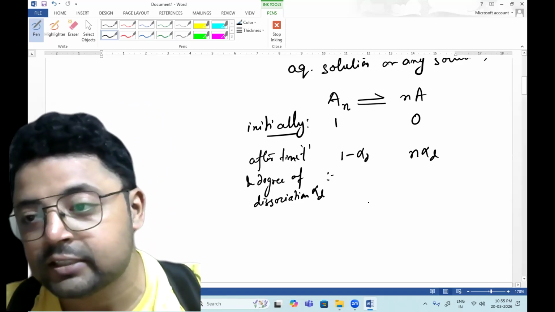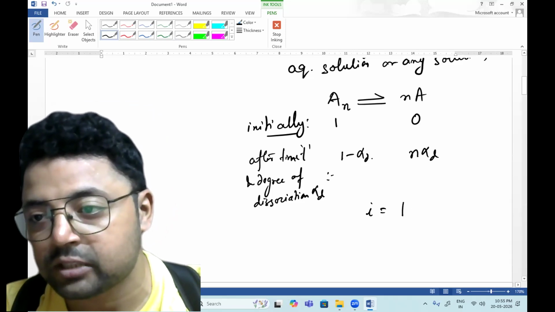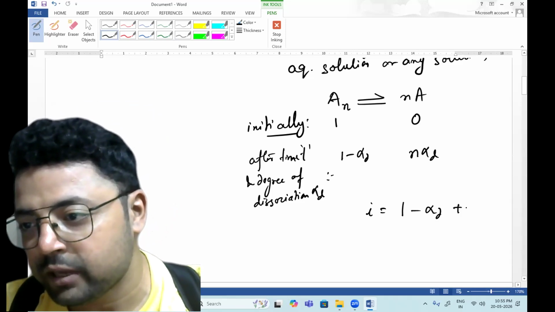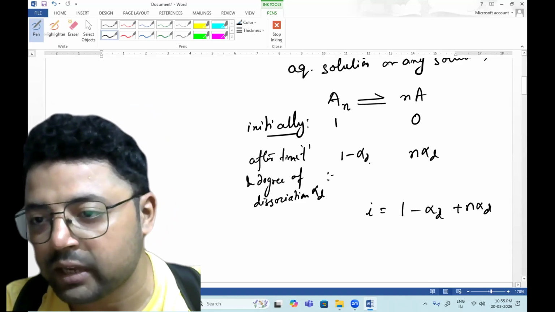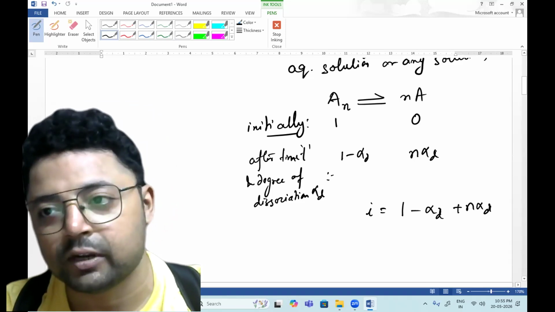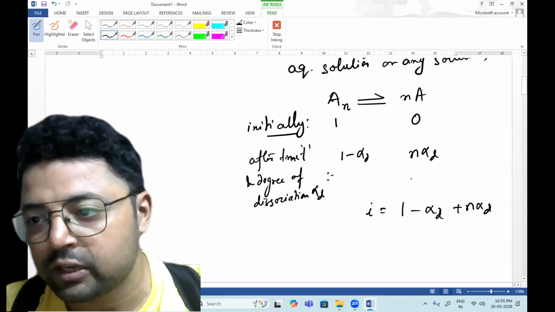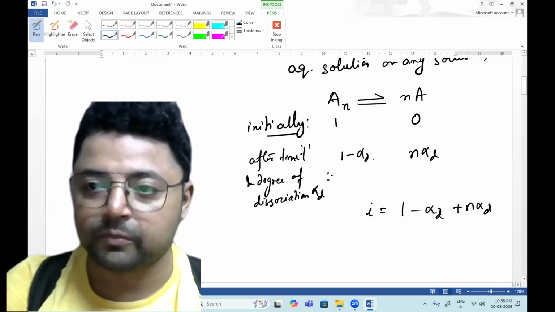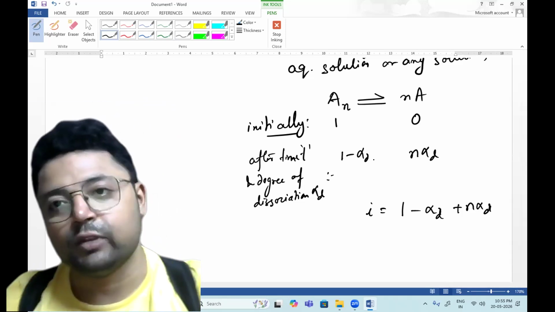Here i is being used for that. i means the equilibrium number of moles, 1 minus alpha D plus N alpha D. So i equals 1 minus alpha D plus N alpha D. This is at equilibrium. So what is i? i is the total number of moles present at equilibrium.